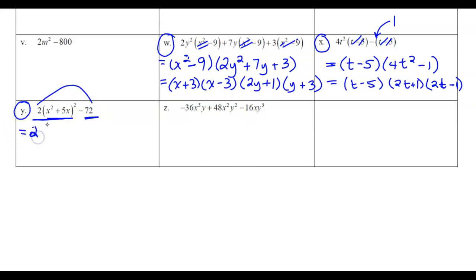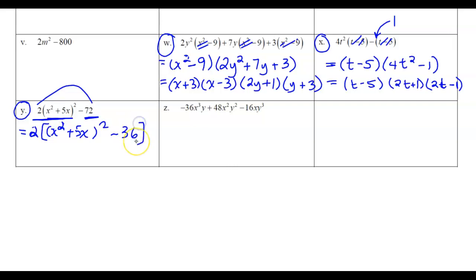So I'm common factoring. And I'm left with, I'm going to use big brackets and then show what I'm left with inside there. So 72 divided by 2 is 36.